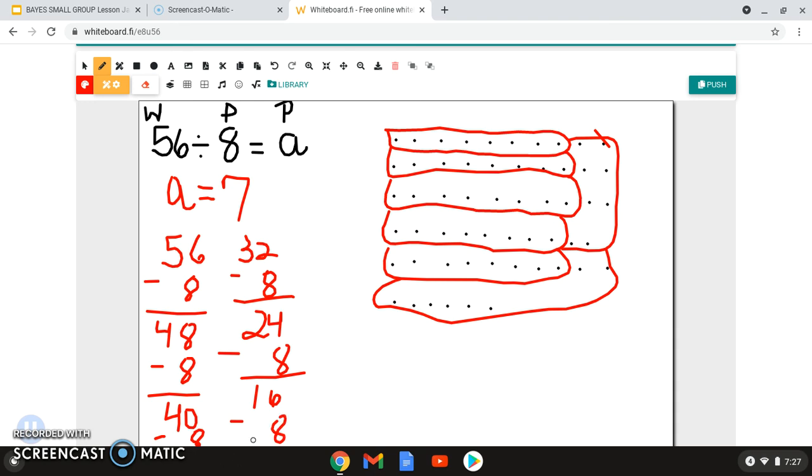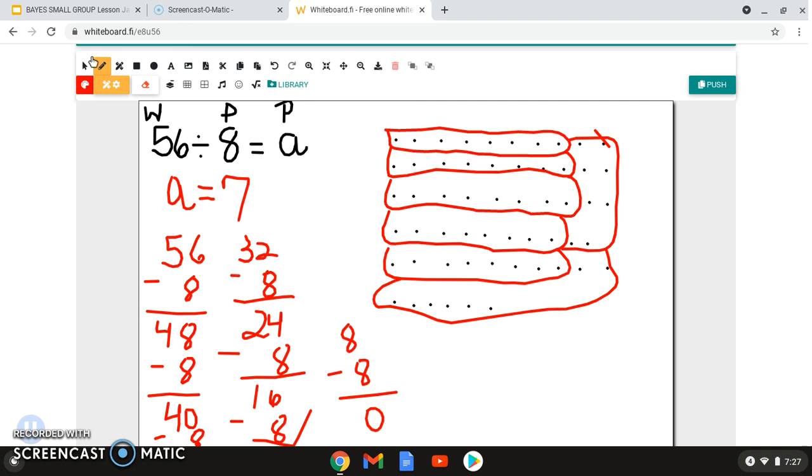We'll put the answer up here at the top. Is 8. And then I'm going to minus 8 again. Now remember, we want our remainder, what's left over after we subtract, to either be 0 or a number less than 8. So now we have 0 left to share.